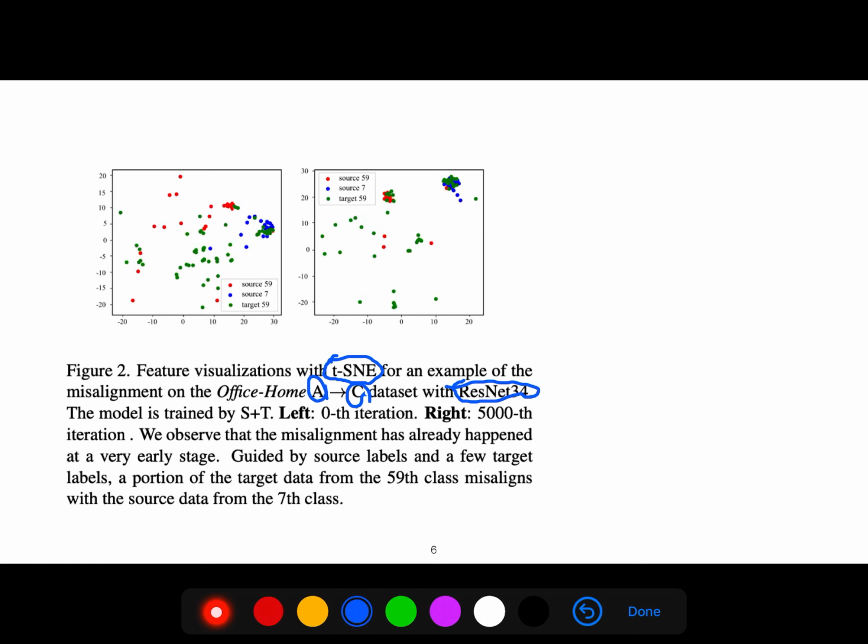Guided by source labels and few target labels, a portion of target data from the 59th class misaligns with the source data from the 7th class. So you see that there is some misalignment. Here there is a misalignment.